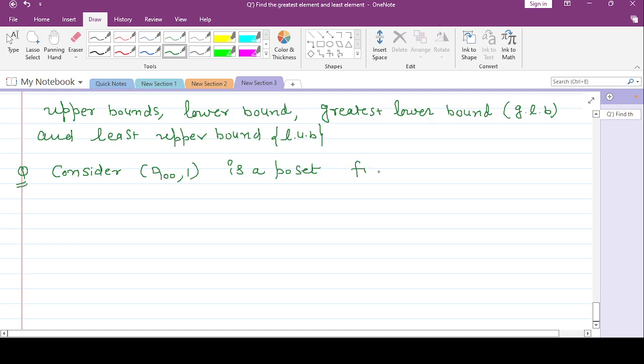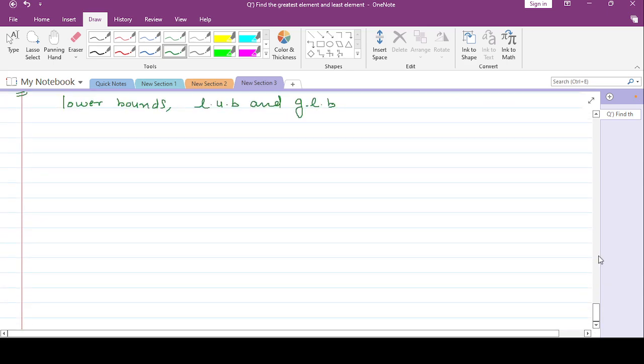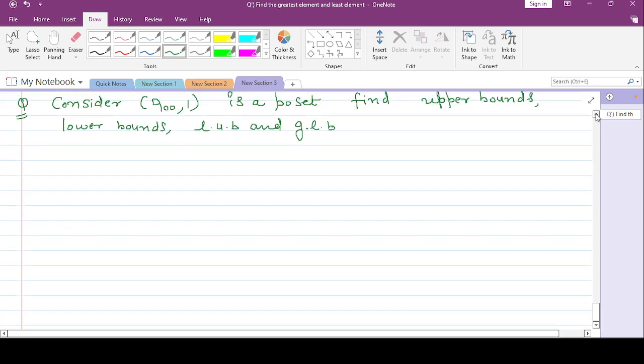Find upper bounds, lower bounds, LUB and GLB. So we want to find all these elements in D100. So you see the solution.